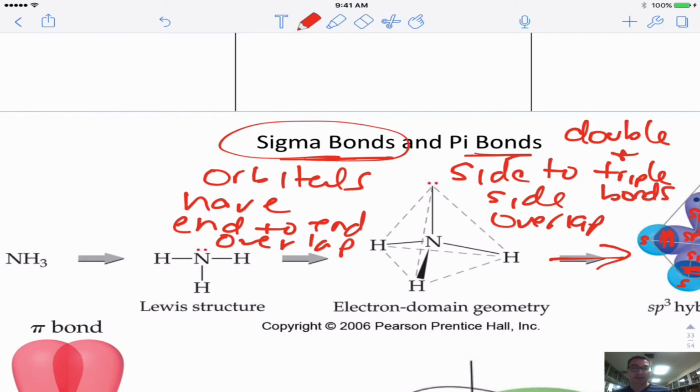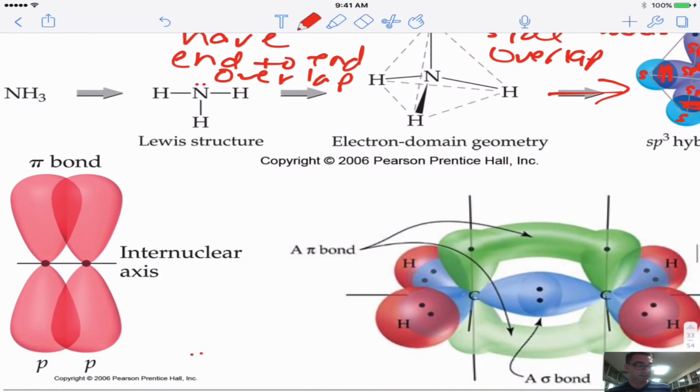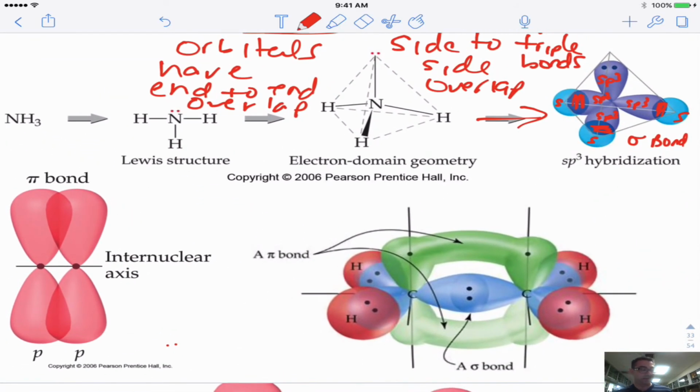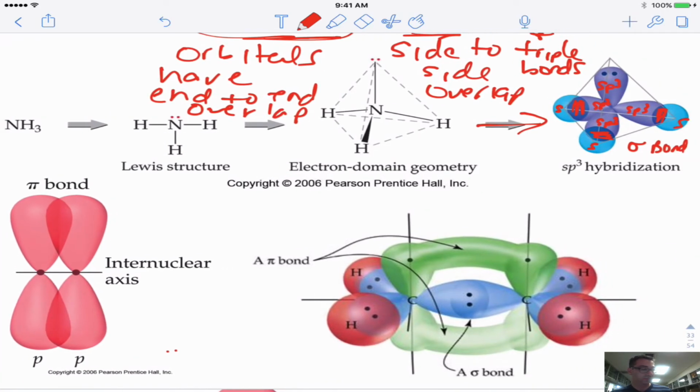The pi bonds come from having a p orbital that will overlap with another p orbital side to side. And let me just show you that really quick here. This is what a pi bond looks like. They show you what it looks like by itself if you had 2 p orbitals with side-to-side overlap.